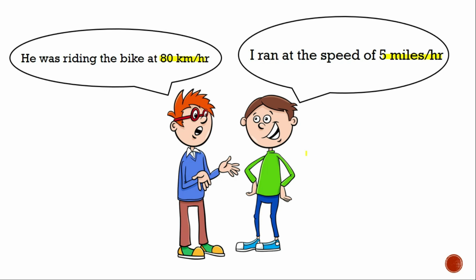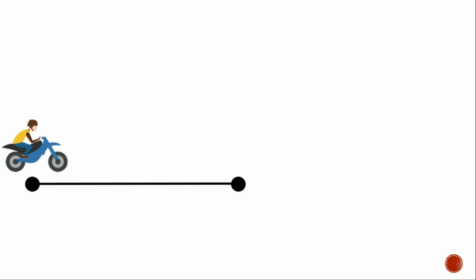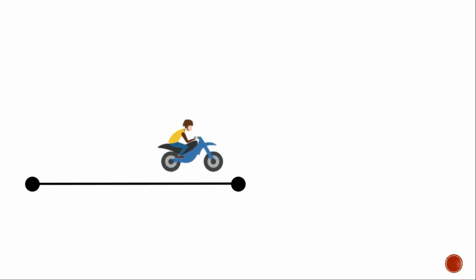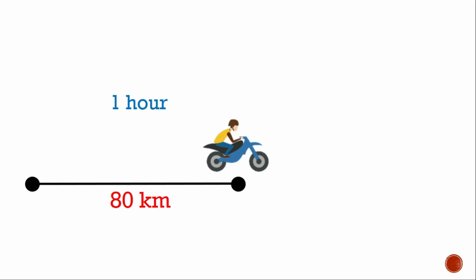So here, this 80 kilometers per hour of speed tells us that if a person starts just from now at a constant speed of 80 kilometers per hour, he would cover the exact distance of 80 kilometers with the completion of 1 hour. Or in other words, he will move a distance of 80 kilometers away from this point of origin after 1 hour is completed.